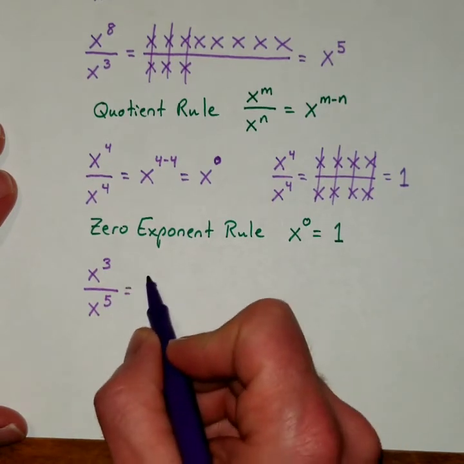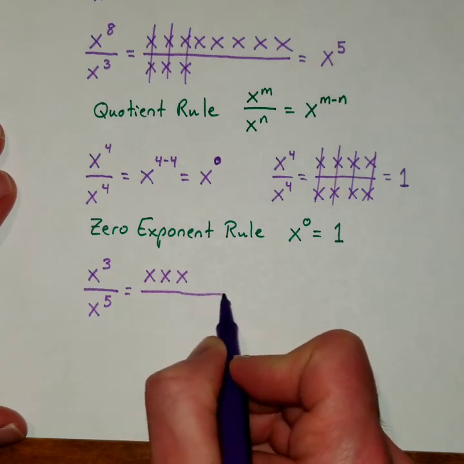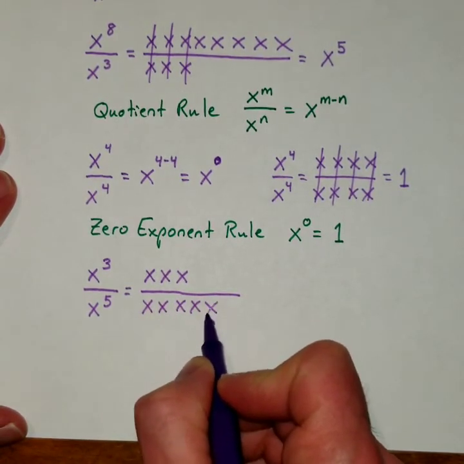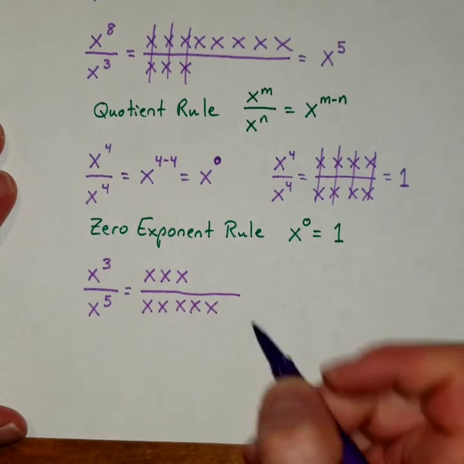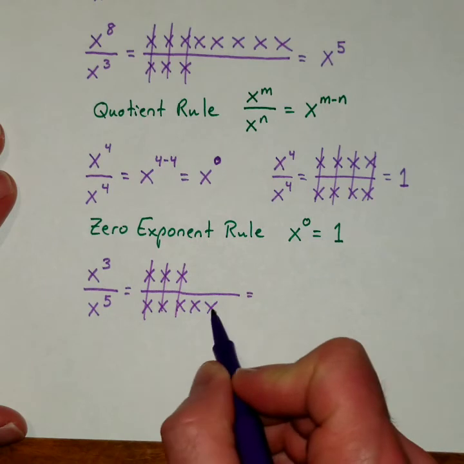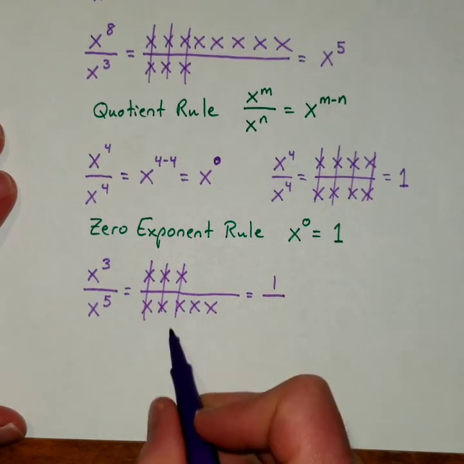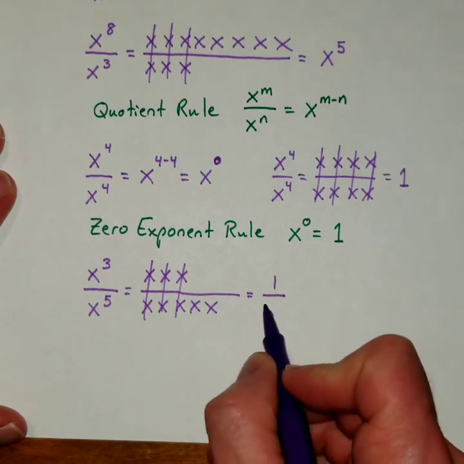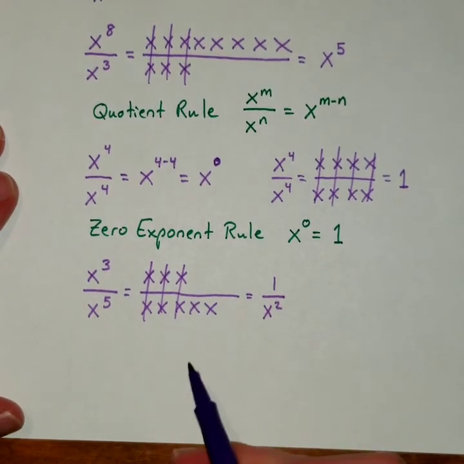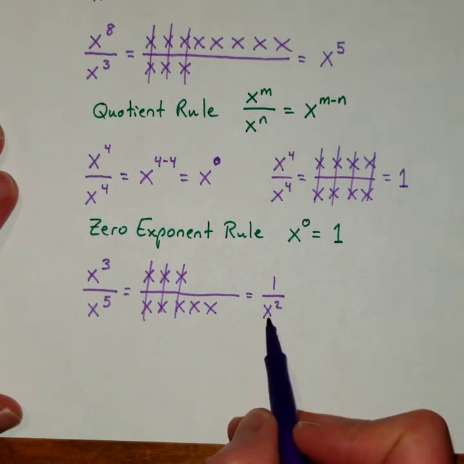And so in this case, you have again 3 x's on top and 5 x's on the bottom. 1, 2, 3, 4, 5, yep. Cancel your common factors. Everything's gone from the top, so I'm left with a 1. The bottom has 2 factors of x, so that's an x squared. Okay, so if I just break this down, I'm left with 1 over x squared.